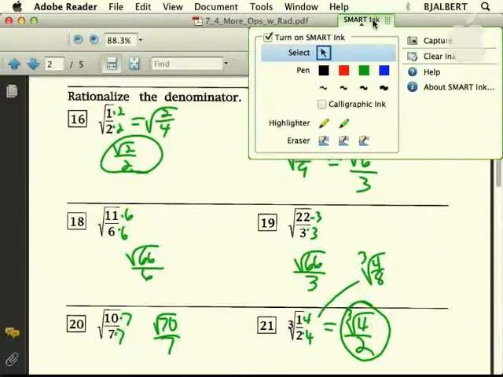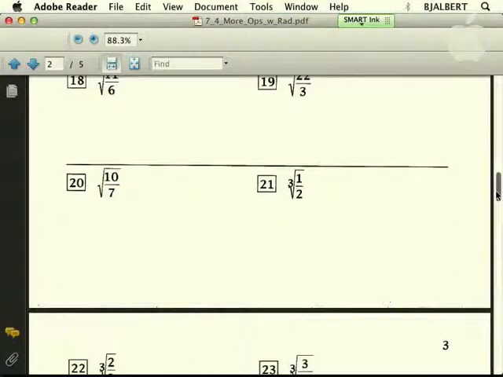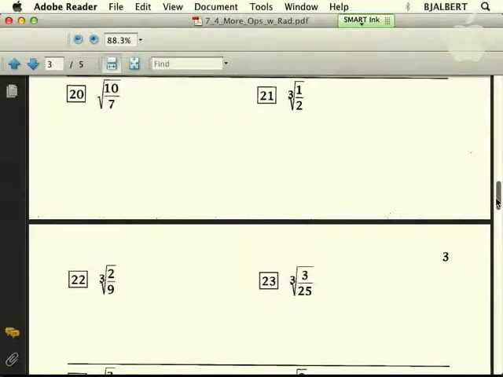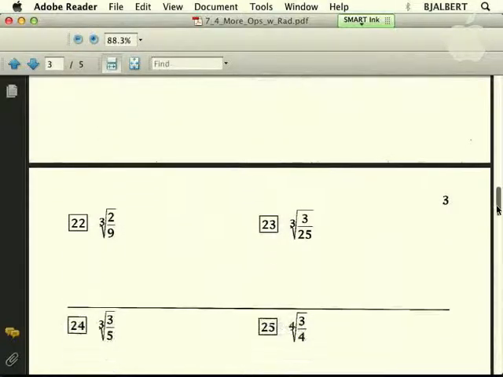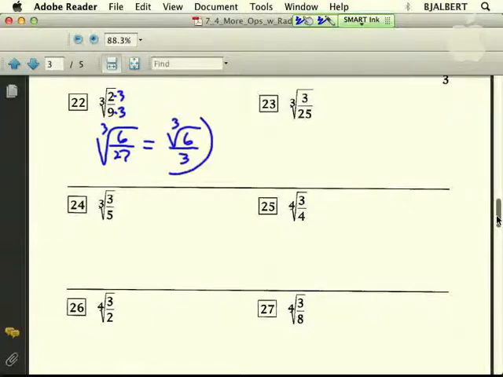Okay, let's scroll down a little bit. Let's see, we're on 22. Here you multiply top and bottom by 3, so that would be the cube root of 6 over 27, which would be the cube root of 6 over 3.